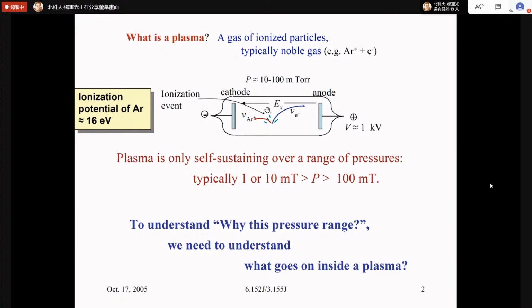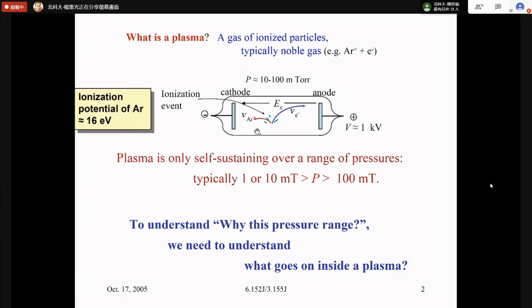So do remember, we are using the sputter. Later on, I'm going to talk about the sputter, and the sputter utilizes this part, using argon ions to bombard the cathode.